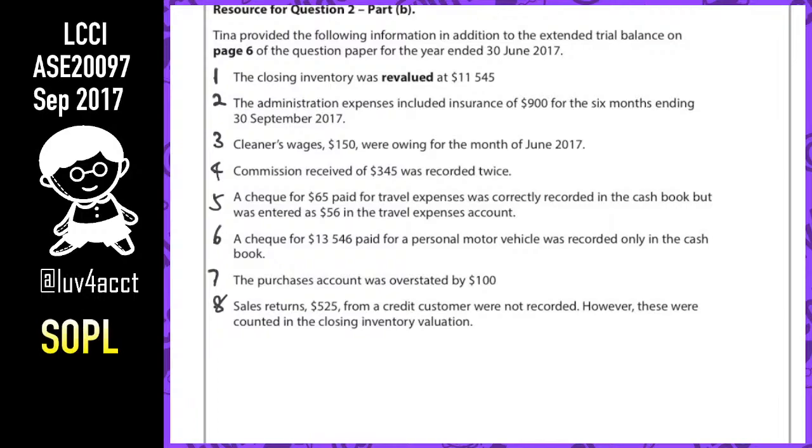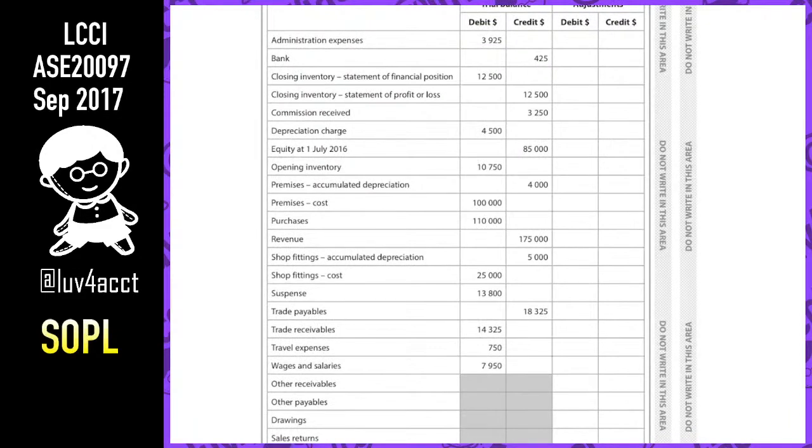So 11,545. Let us look at the amount given. Closing inventory 12,500. Let us see the difference: 955, we want to reduce.